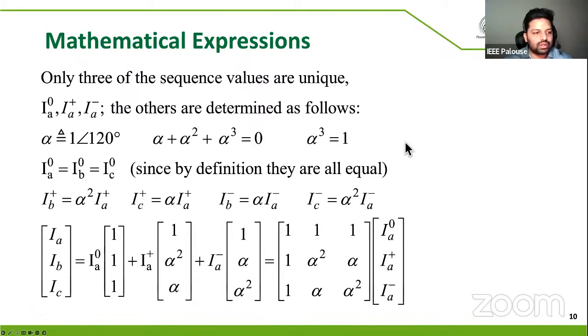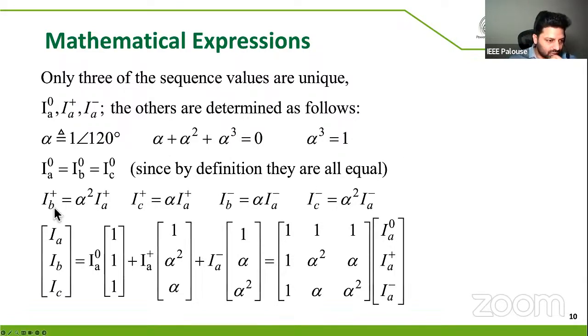Okay, let's move on. So here we have alpha, which is nothing but 1 at an angle of 120 degrees. Also, by definition, zero sequence components are all equal in magnitude and in the same phase, so the zero sequence components will always be equal.